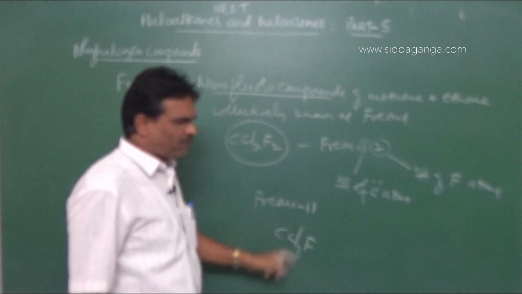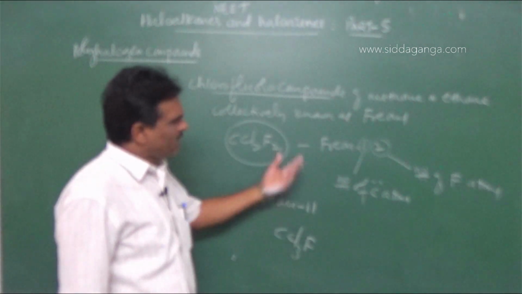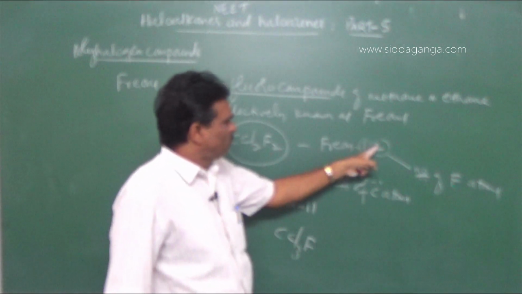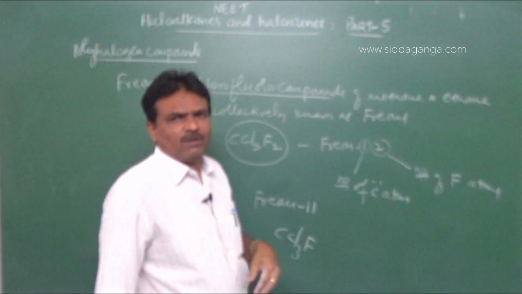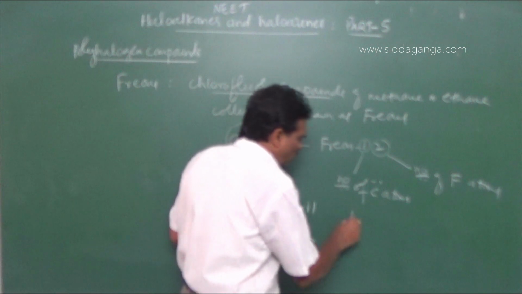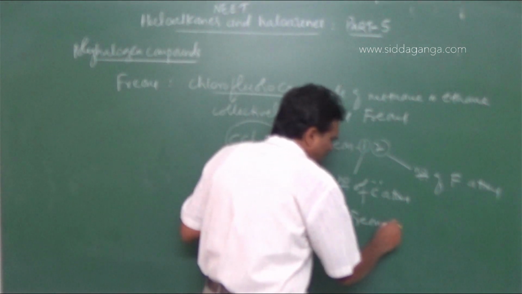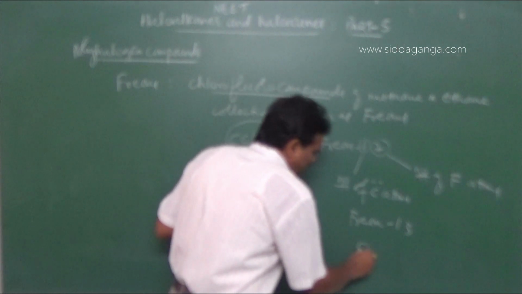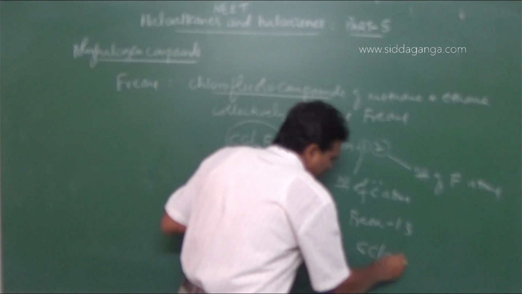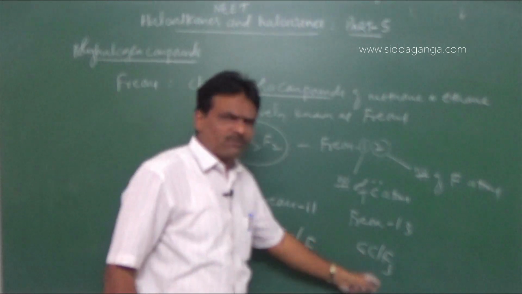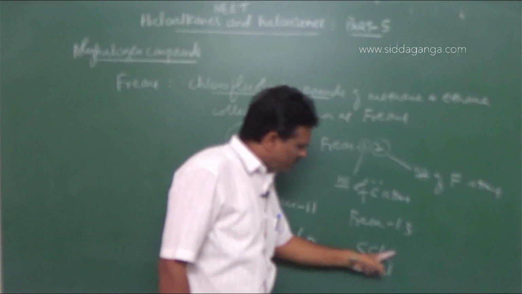Freon 1,2 is 1 carbon atom, 2 fluorine atoms. Freon 1,3 is CClF3, 1 carbon atom, 3 fluorine atoms.